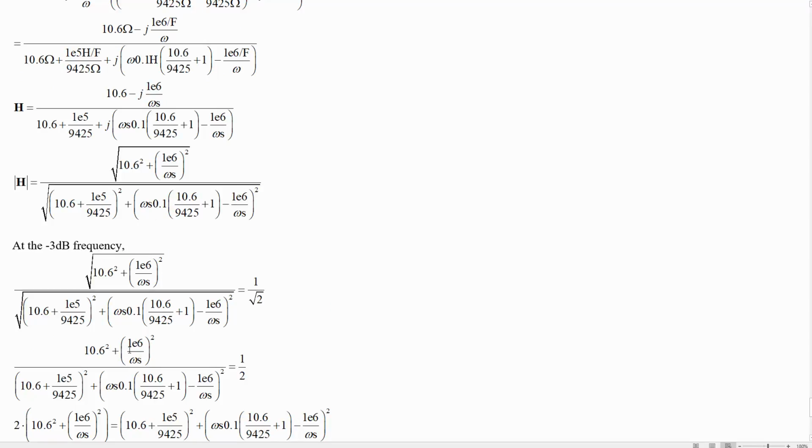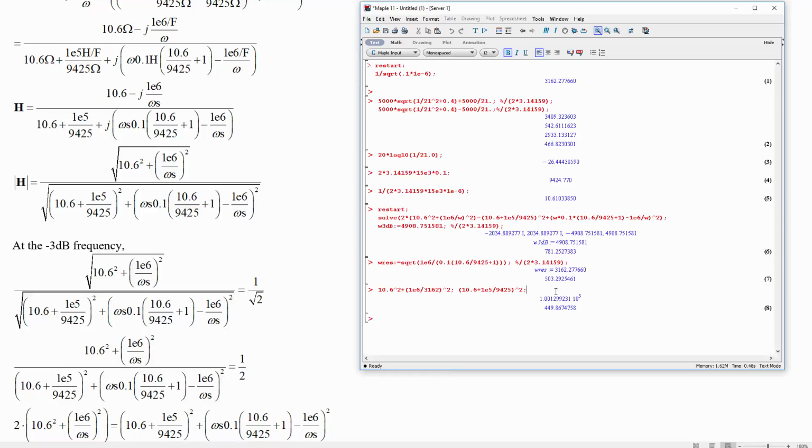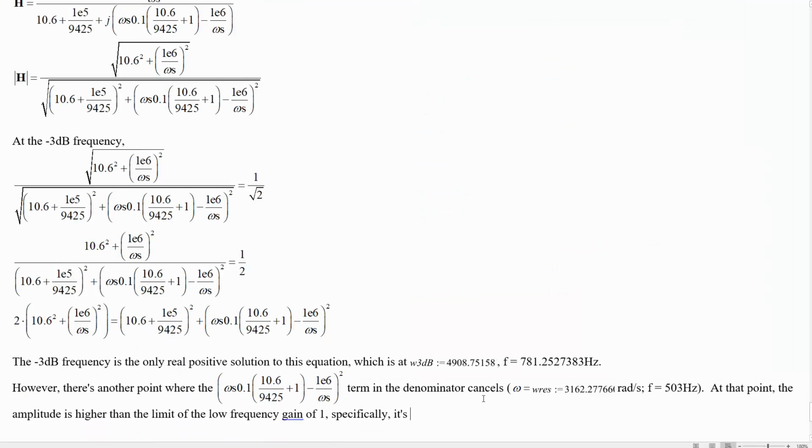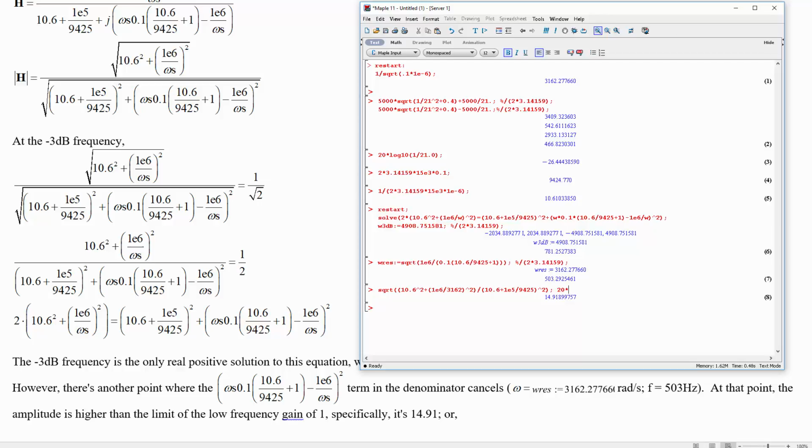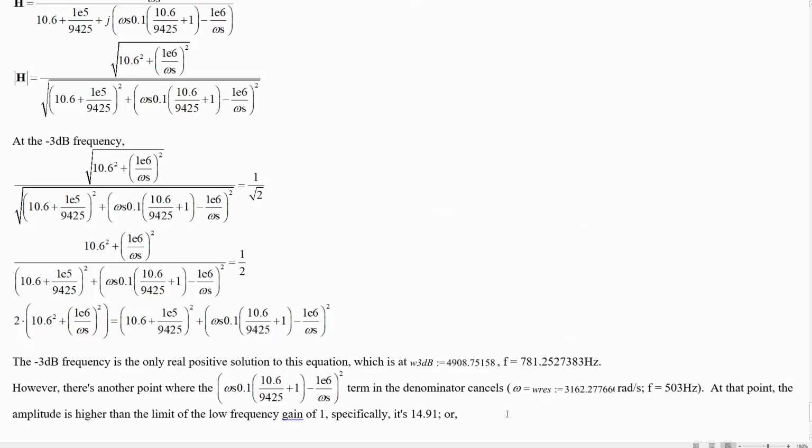So we took this, the sum of this thing squared over this thing squared, but now we need to square root all of that. So if we take that thing divided by that thing, and then we take the square root of all of that, then we get 14.91. In decibels, that would be 23.5.